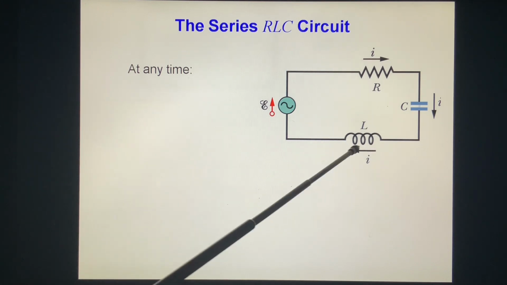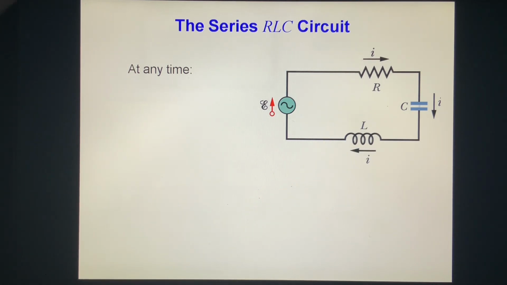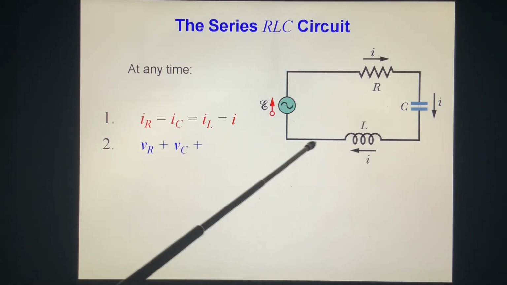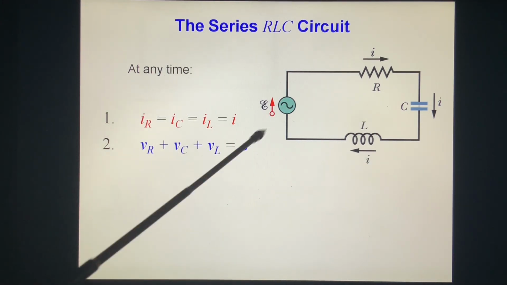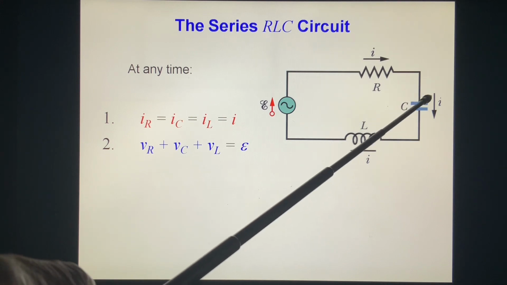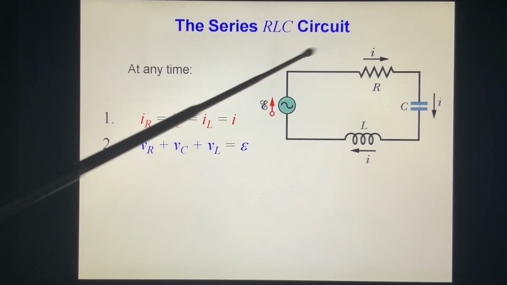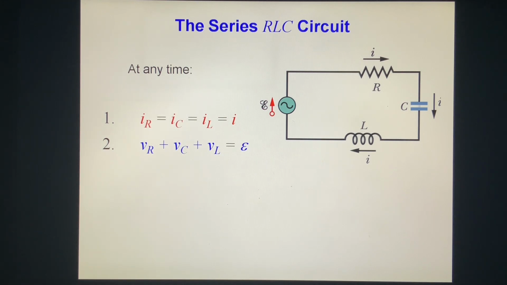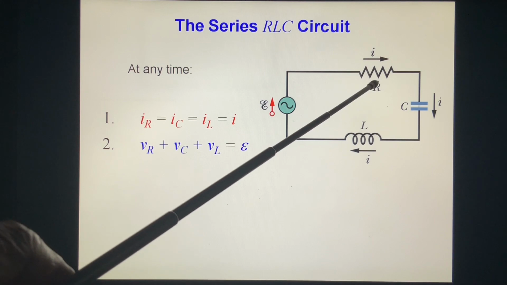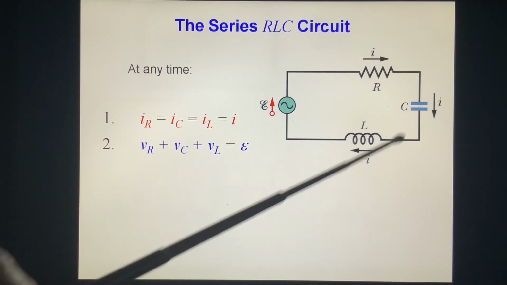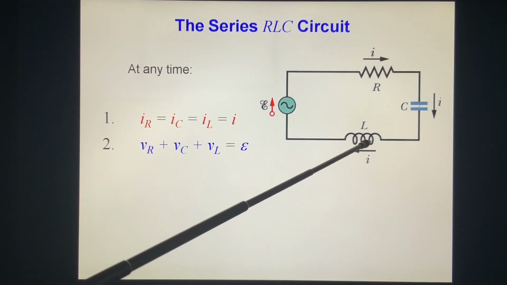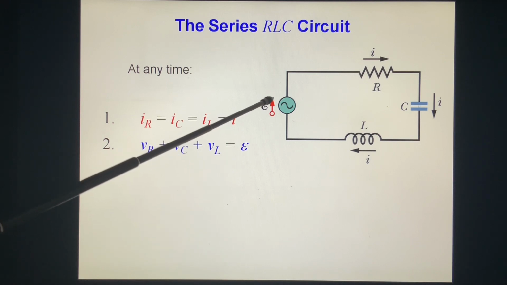At any time, the current passing through all three elements is the same. That means IR equals IC equals IL equals the total I around this circuit. And the potential differences of resistor plus capacitor plus inductor add up to epsilon.